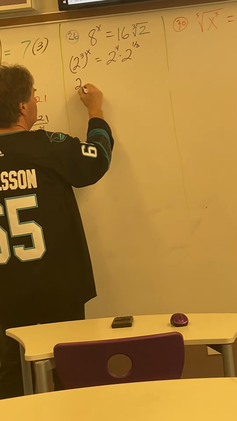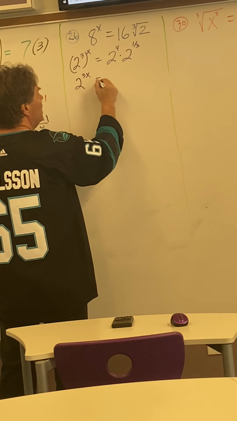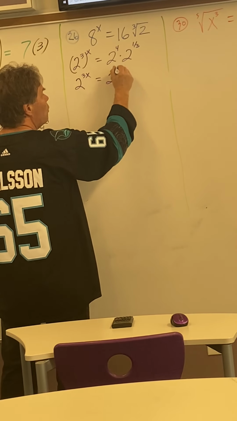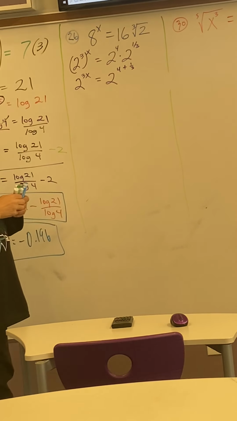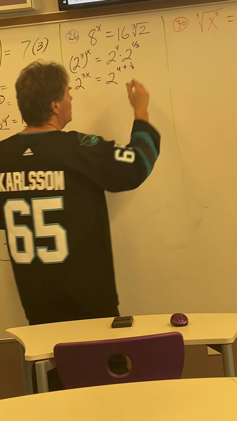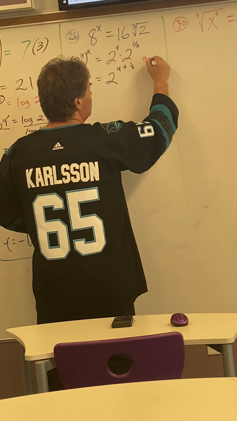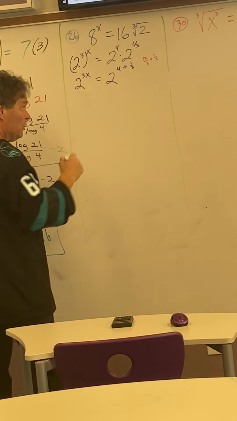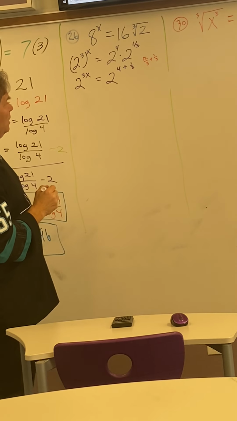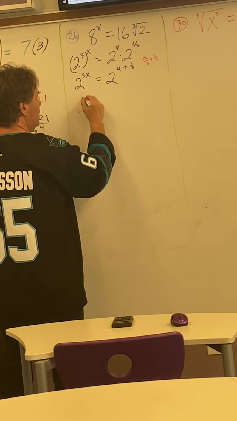So we're going to get 2 to the 3x equals 2 to the 4 plus 1/3. Well, what is 4 plus 1/3? 4 is 12/3 plus 1/3 is 13/3.